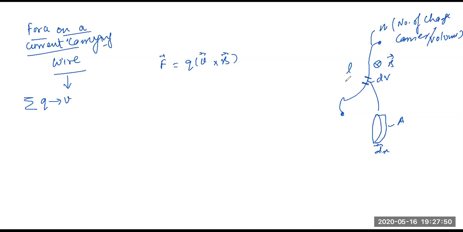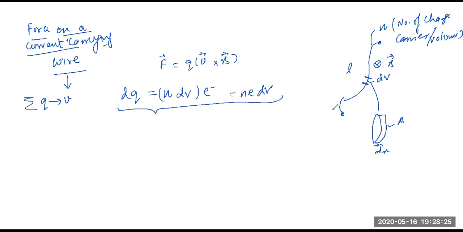If I ask you what is the value of q, or let's call it dq because you have considered only a small segment, that will be n, the number of charge carriers per unit volume, and we are talking about a volume dV. Then I multiply it with the charge on an electron, positive or negative, depending on which direction you are considering. So n e dV. This is the amount of charge which is flowing. Any question on this?